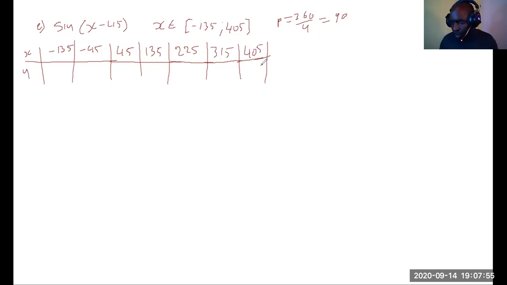That will be sine of x minus 45. Our starting point will be minus 135. Our end point will be 405, and our jump would be 90 degrees because the period has not changed.